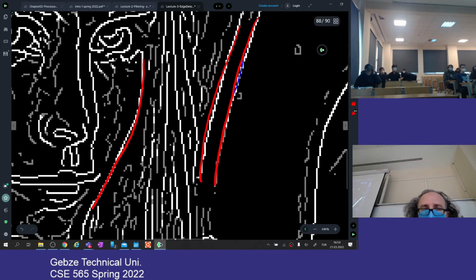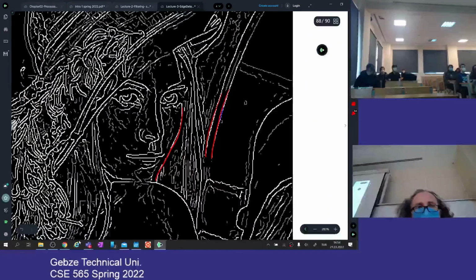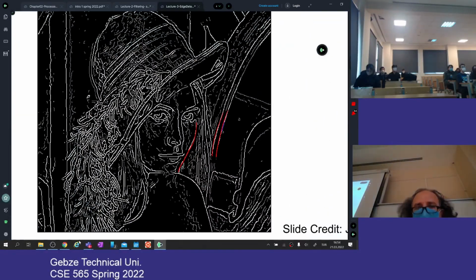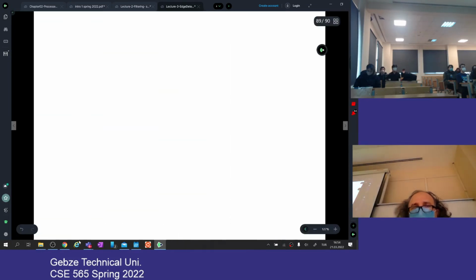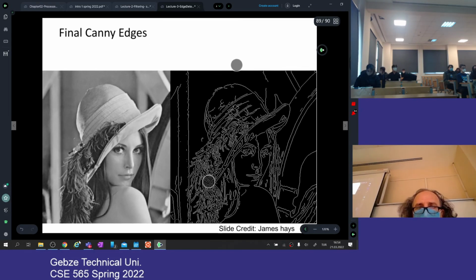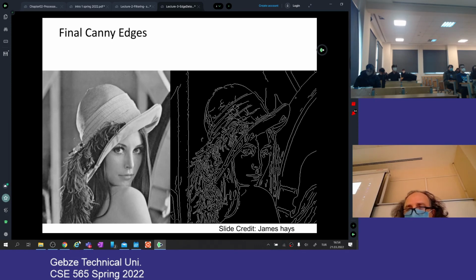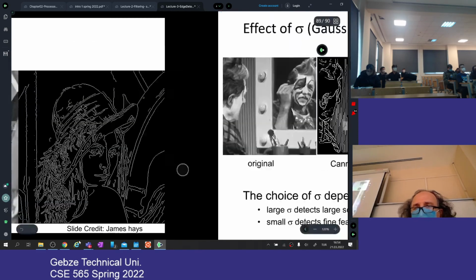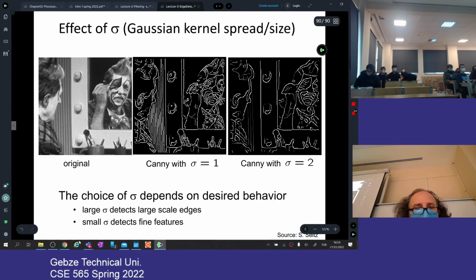Which ones are the edges and which ones are not? I will make that decision based on the hysteresis thresholding, and this is the hysteresis thresholding result. I don't know the threshold values, but as you see, results are not bad.